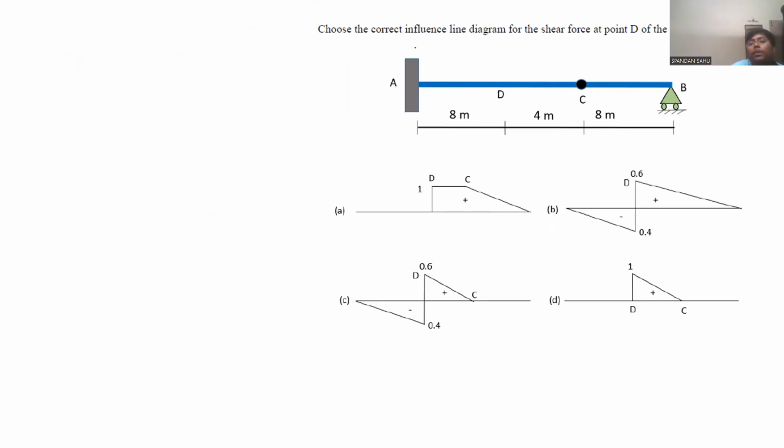Here also again we have to select the correct influence line diagram for shear force at point D. Point D is this point of the following beam.